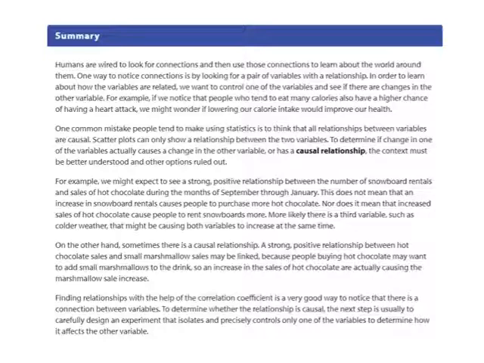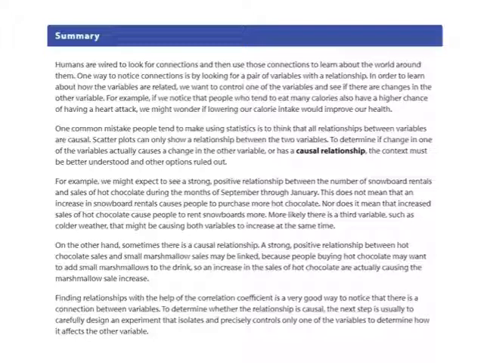Another example, one where there is a causal relationship: you have a strong positive relationship between hot chocolate sales and small marshmallow sales, right? Because when they sell more hot chocolate, you're going to include more small marshmallows in that hot chocolate. So these are more directly linked, and you would argue that there's a causal relationship. Finding relationships with the help of the correlation coefficient is a very good way to notice whether there's a connection, but it does not tell you whether that relationship is causal or not.